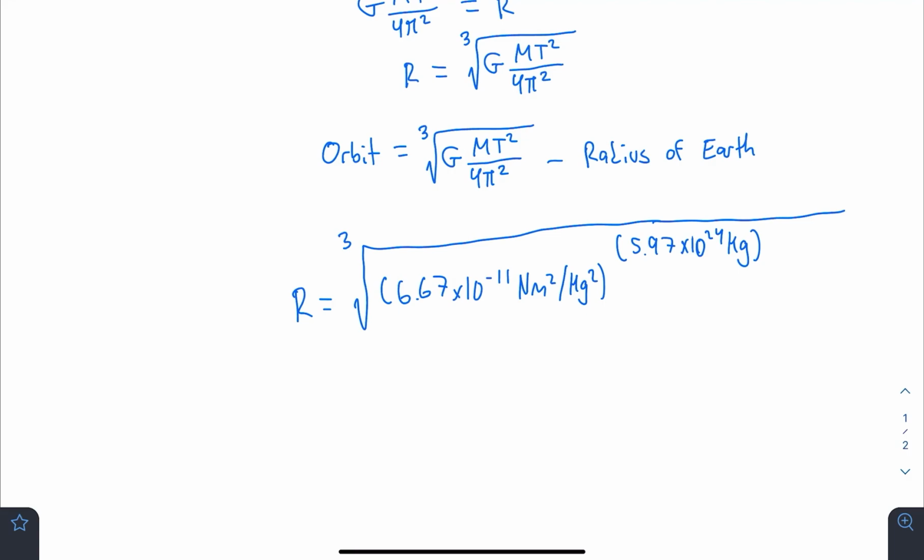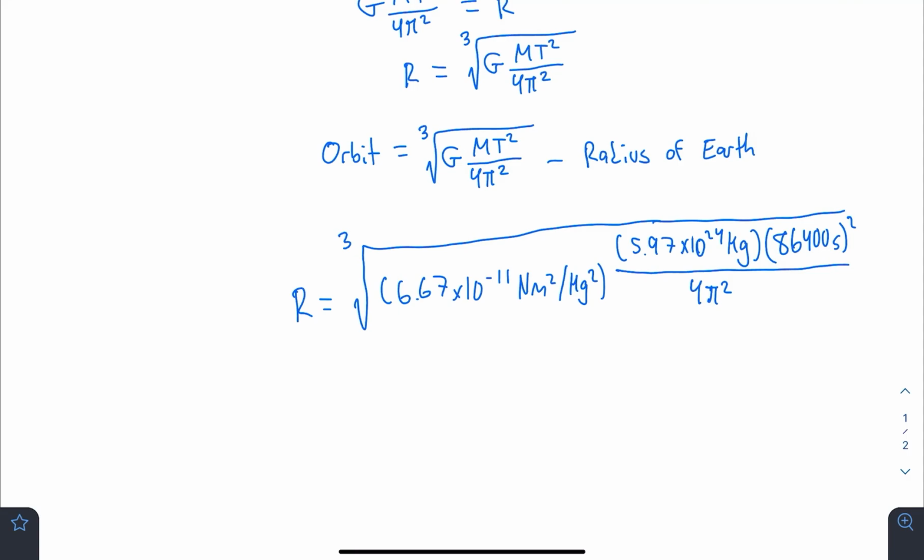However, in this problem, we're working with seconds. So it's going to be 86,400 seconds squared. That's all going to be divided by 4 pi squared. And that is going to get us our radius.